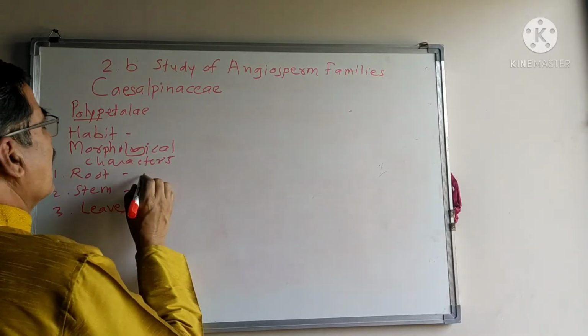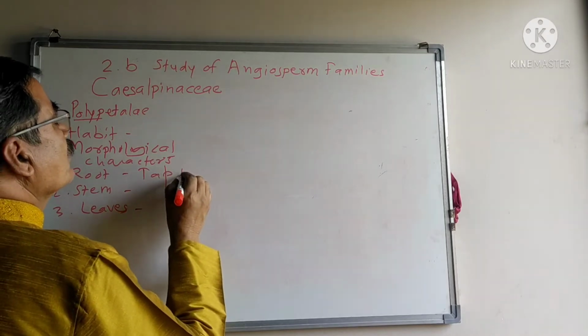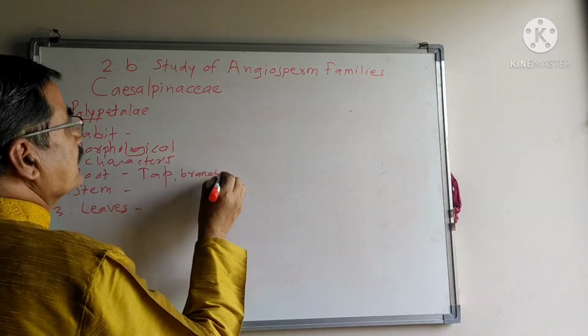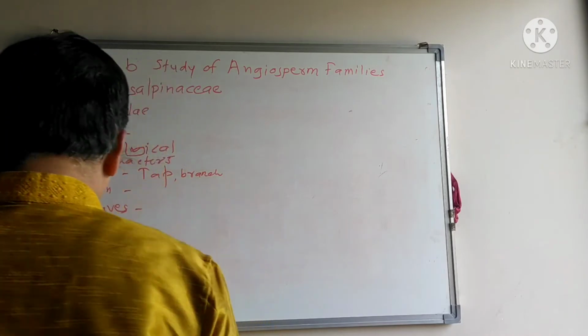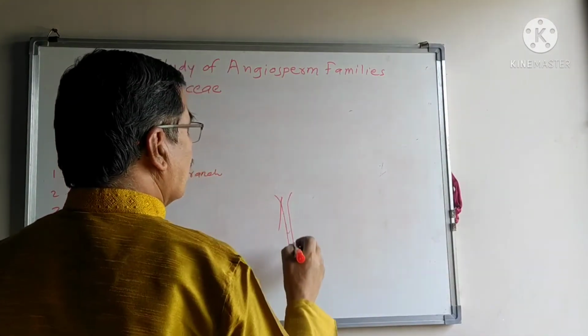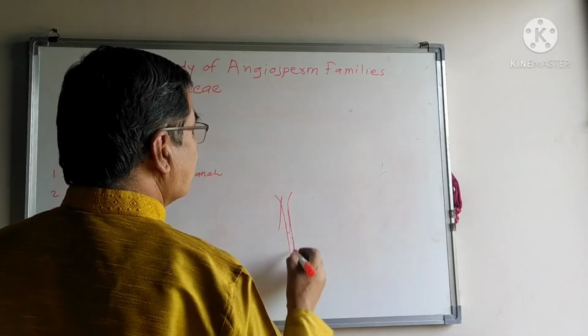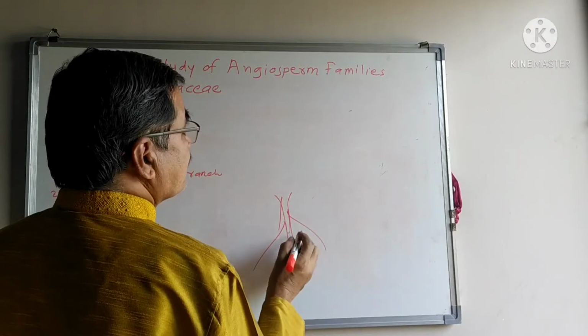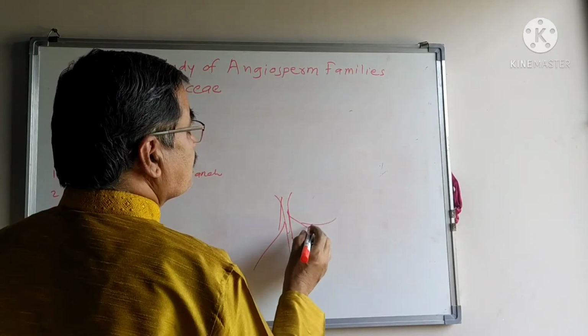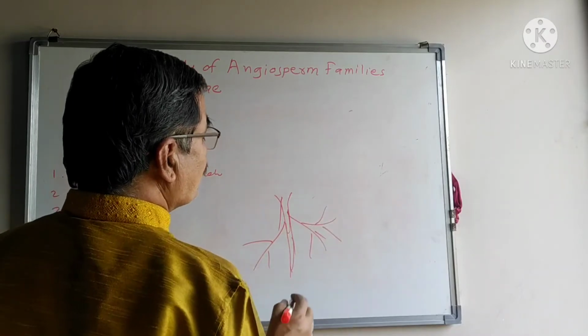Here, the roots are a tap root system, and the roots are branched. In the tap root system, there are the epicotyl and hypocotyl. The hypocotyl gives rise to the main root, this gives rise to primary branches, then secondary branches, and on the secondary branches, tertiary branches are produced.